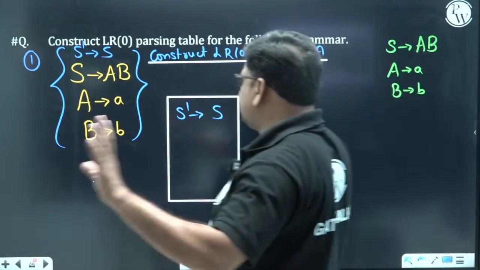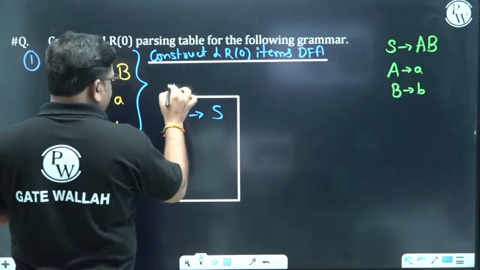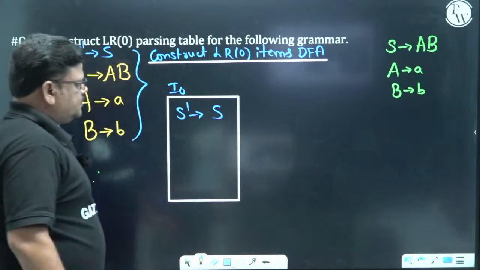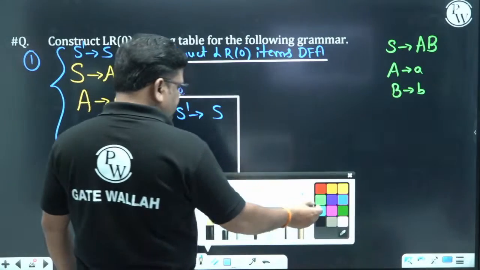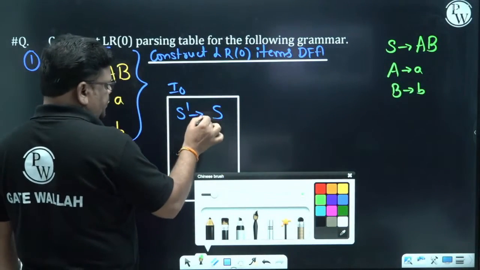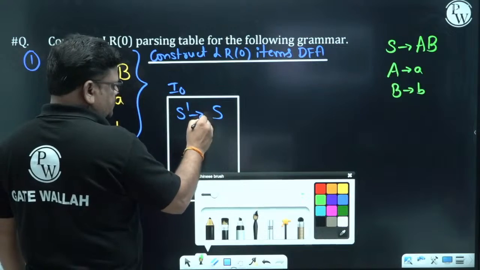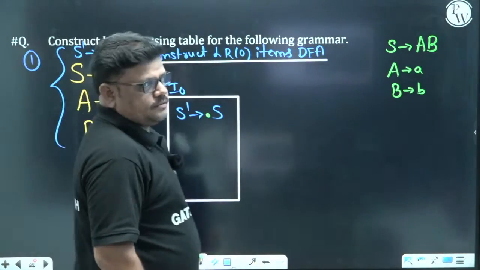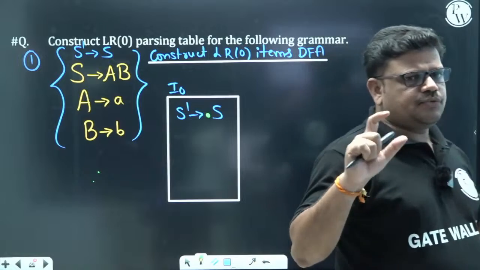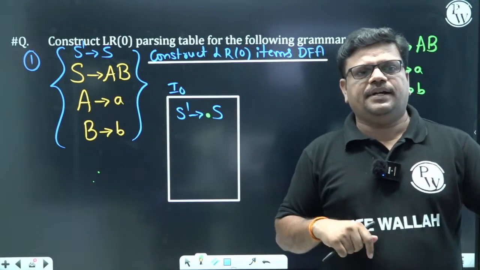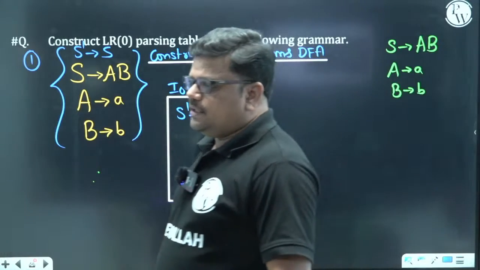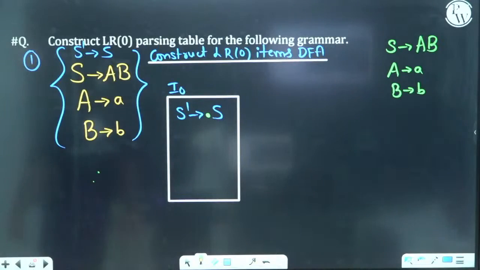Now the initial state 0 of the DFA is like this: take the augmented production and convert it into an LR0 item by placing the dot. That much we do intentionally. After that, closure and goto will handle everything. Now tell me, is there any closure possibility now?